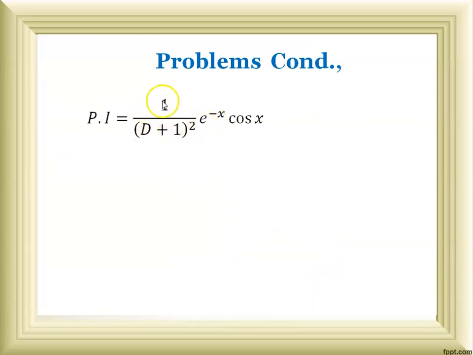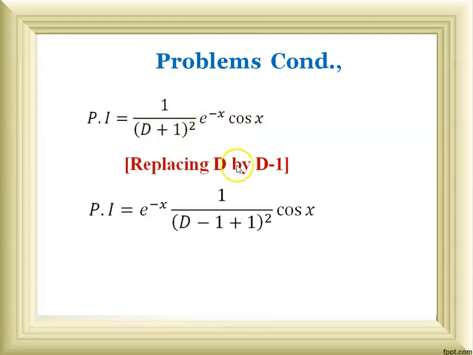So particular integral is 1 by function of d into RHS term. So here also exponential with trigonometric. That's why I'm going to make a replacement d by d minus 1 because here a is minus 1. So after replacing it, we need to move this exponential to the front. So therefore, d minus 1 plus 1 the whole square, minus 1 and plus 1 getting cancelled.